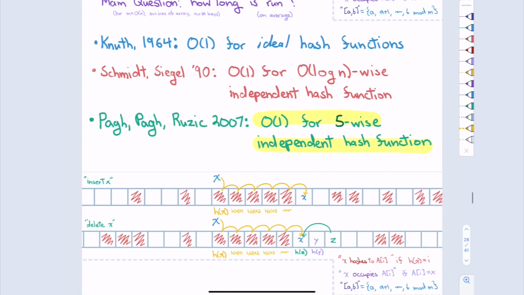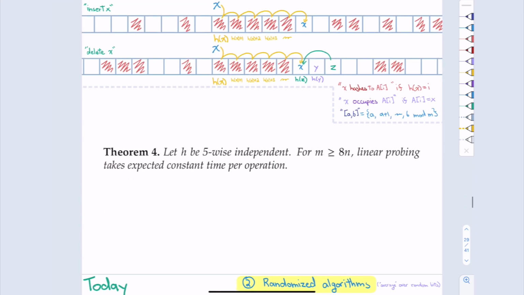All right, let's see what comes next. Okay, that's right. So that's our claim. If H is from a 5-wise independent hash family, then we'll get expected constant time for m greater than or equal to 8n, but you could probably play with 8, try to make it bigger, try to make it smaller. Okay.